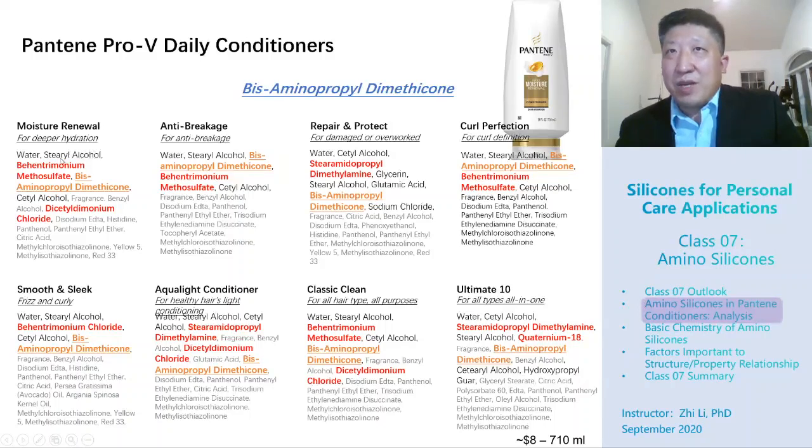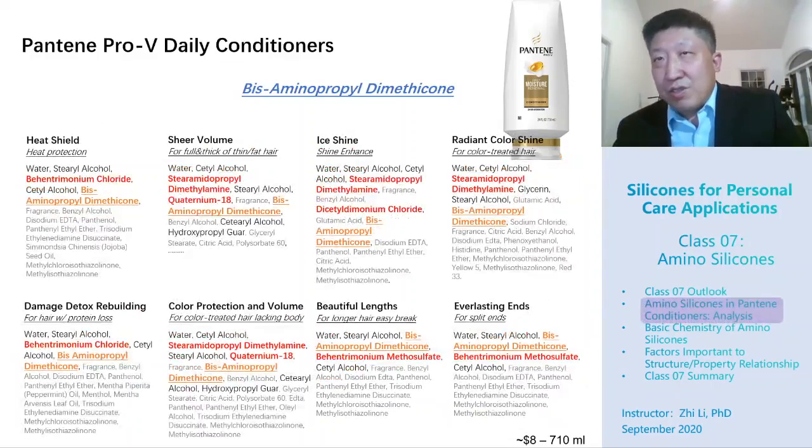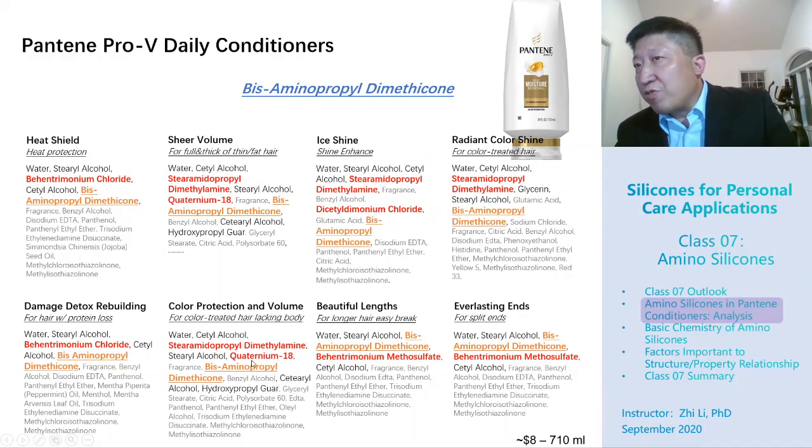I'll hide a little bit, but this is a very similar hair conditioner chassis plus amino silicones, and this particular amino silicone at this stage of the evolution, about 10 years ago, is amino propyl dimethicone. The next slide is the same thing, showing a little bit more differentiation from this whole collection.